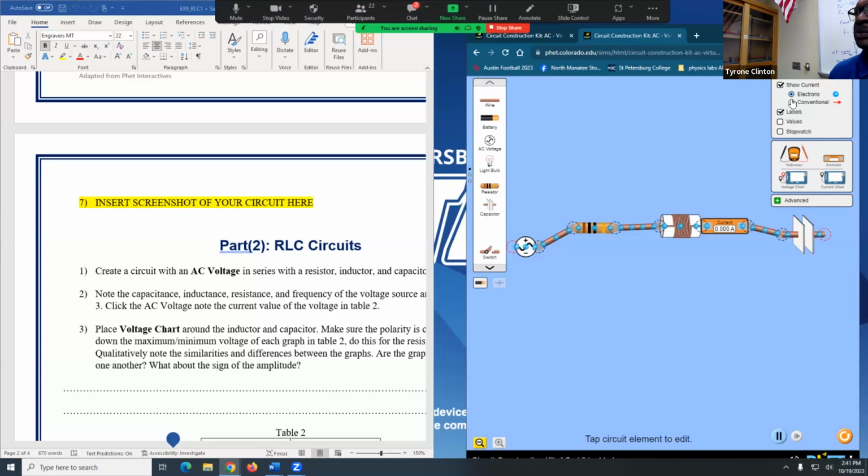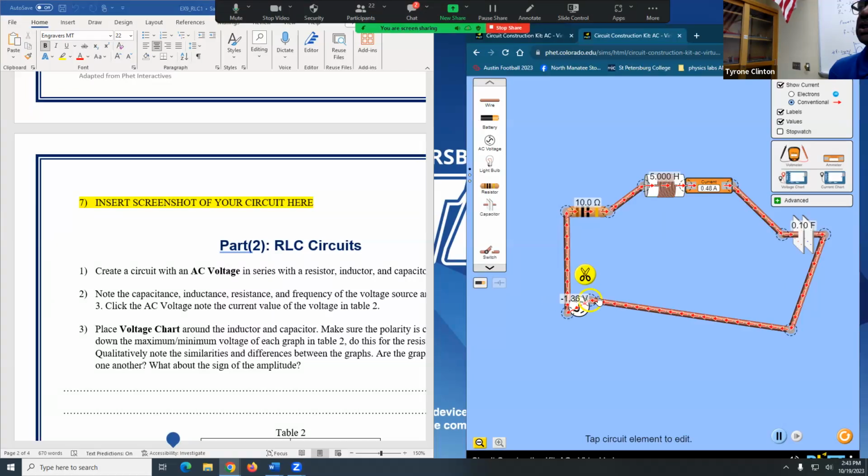But we should be able to see the current. We'll put it up there in conventional mode. Right now, it looks like it's pumping out some current, but we didn't complete the circuit yet. So let's complete the circuit. Make it look nice.